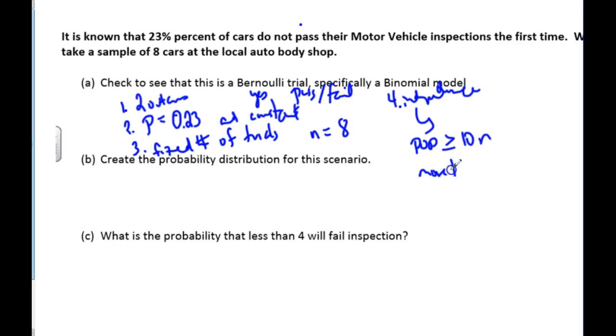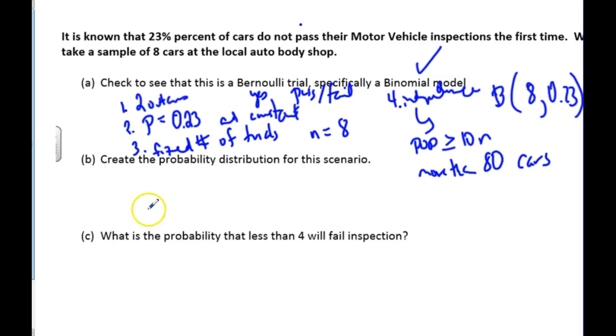So we know that there are more than 80 cars that will come in for an inspection. Therefore, we can assume that they're independent. As a result, we can classify this as a binomial model, and we will use B(n, p). So that will be B(8, 0.23).